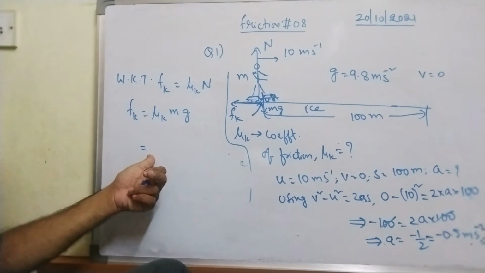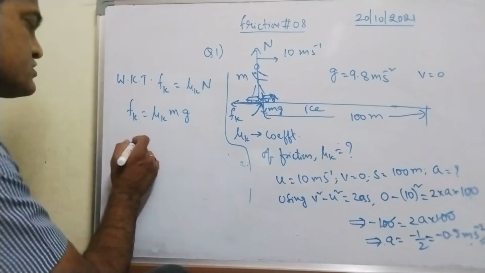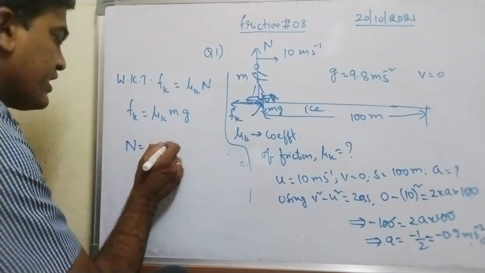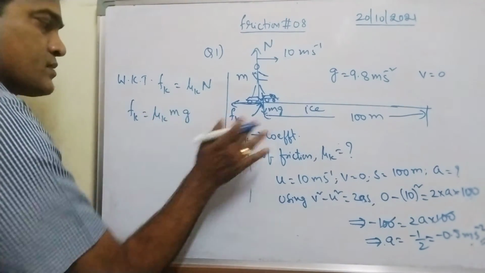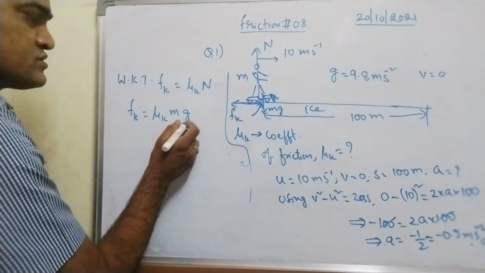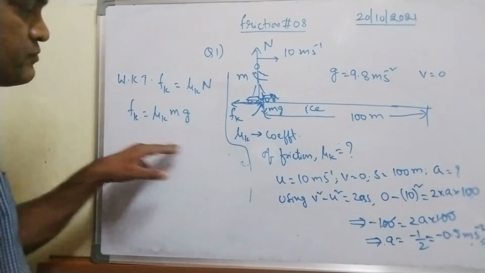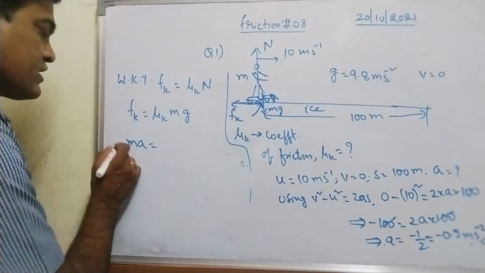Fine. So let me find out first like this. What is normal force? Normal force is equal to mg. Frictional force is equal to mu k into mg. So instead of writing, let me put all the values here itself.